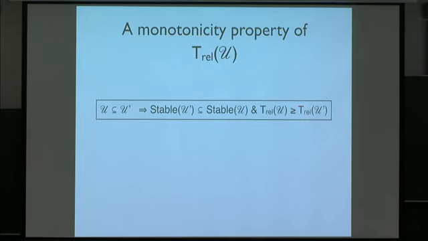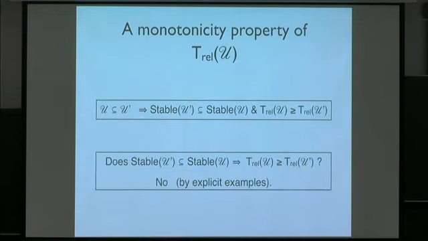So sometimes it can be useful to compare two different KCM and say the relaxation time of this KCM is at least the relaxation time of another one. It is quite natural to ask whether this monotonicity holds forgetting the first part, and just asking for some inclusion between the stable directions of two models.